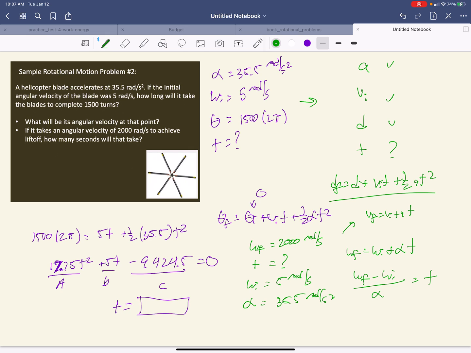And here we're going to have 2,000 minus 5 all over 35.5 equals t. And so that's that one I can solve. I don't have to pull up my quad solver. 56.2 seconds. And that's how we do these problems.